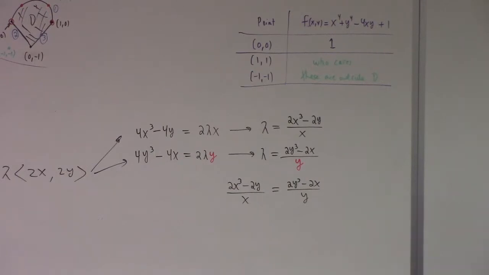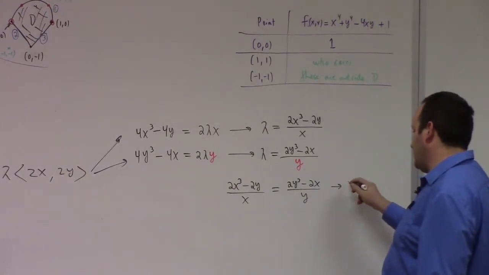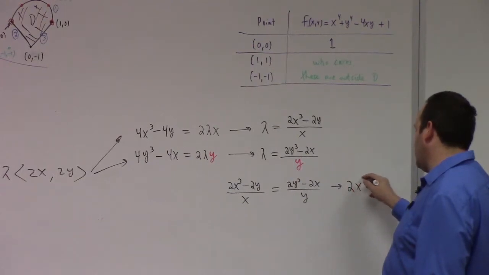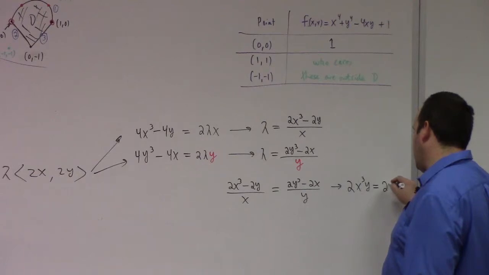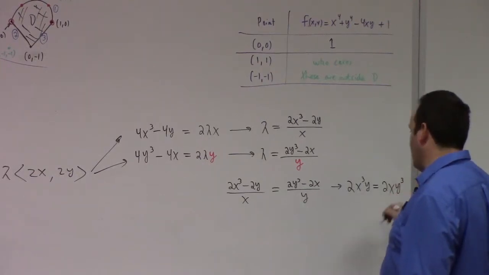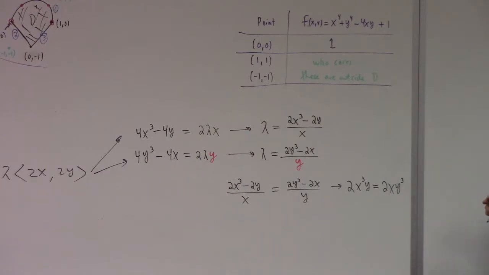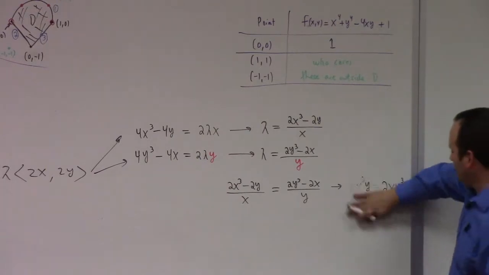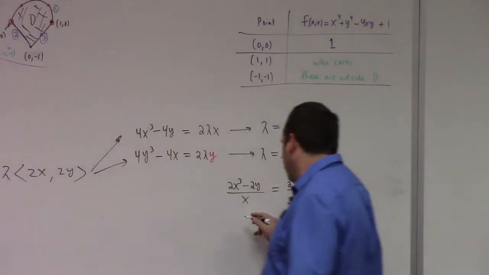Oh, that's pretty cool. Look at that. Oh, that's nice. Cross multiply, you get 2x cubed y is equal to 2xy cubed y. Because when you cross multiply, on the one side you get, oh no, it's not quite that. I'm an idiot. I thought the other terms canceled. I'm running out of room here.